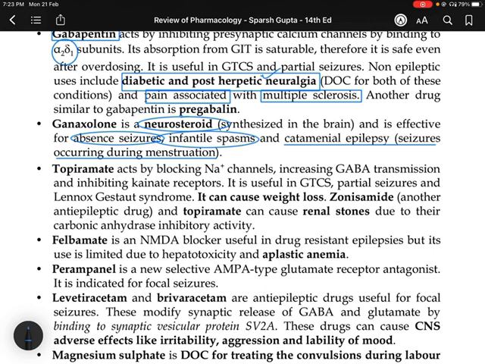Hmm. There are a lot of things in the body that are unknown. They have to be acting on some brain tissue to cause seizure, and hormone levels. I don't know. Catamenial epilepsy, seizures occurring during menstruation.